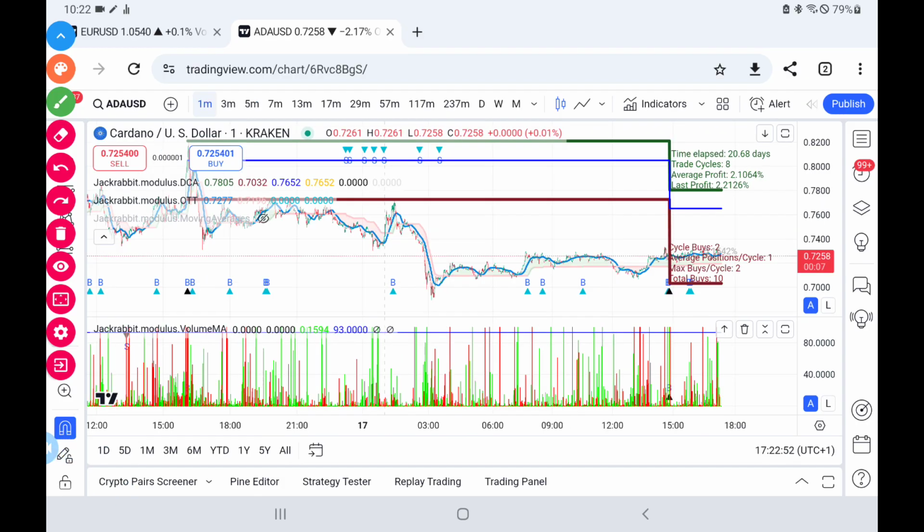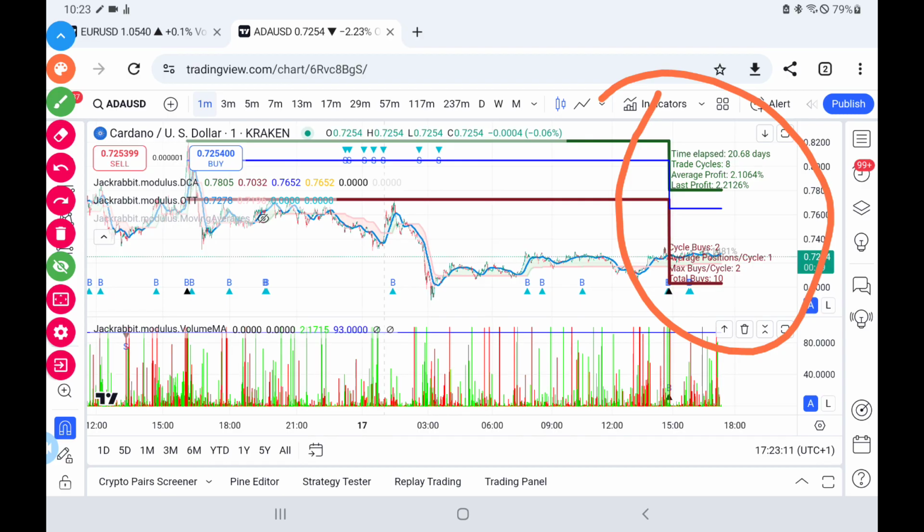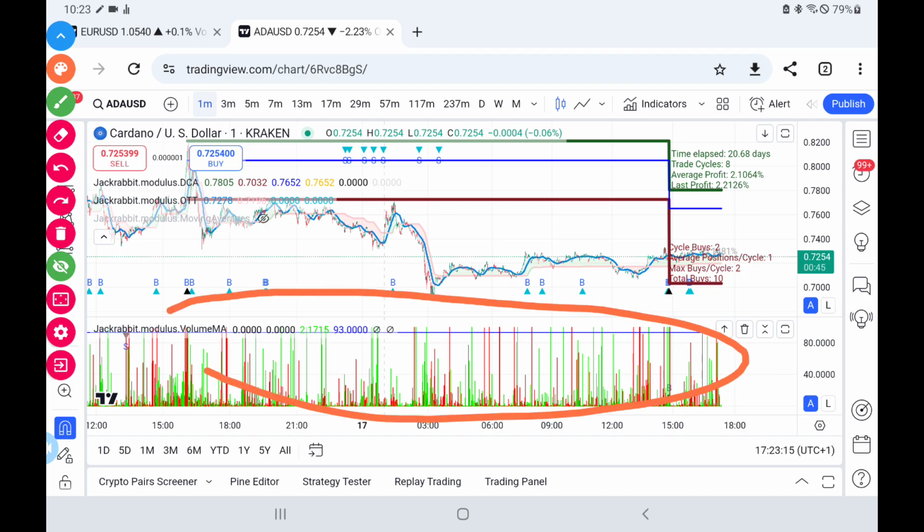Okay, I am on the Kraken market now, and we're going to start with Cardano. We can see from the right-hand side the statistics that I am currently looking at for this trade using the dollar cost averaging approach. And we can see at the bottom the volume of the market.